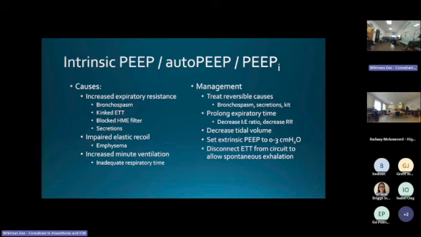Work out whatever the problem is and try to treat it, with nebs or suctioning or changing the filter or whatever it might be. Increase the expiratory time. Reducing the tidal volume will work a bit as well. And the extrinsic PEEP is the PEEP that the ventilator generates. The intrinsic PEEP is the PEEP that the patient generates.